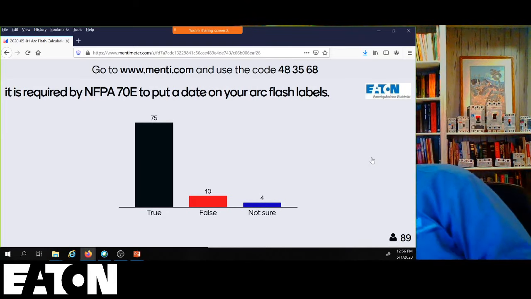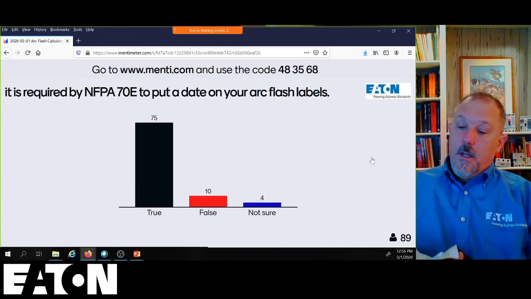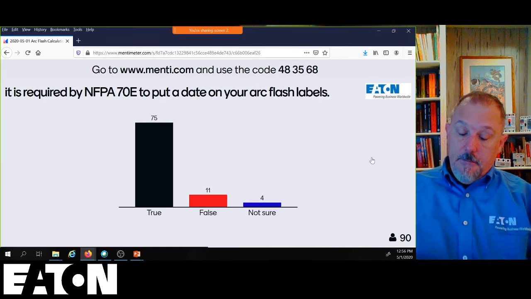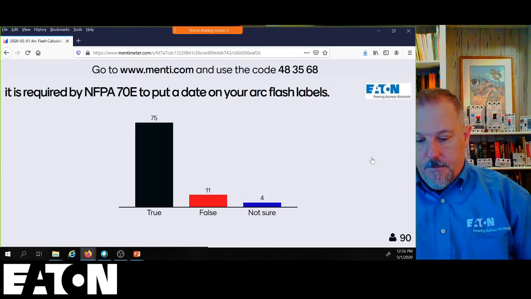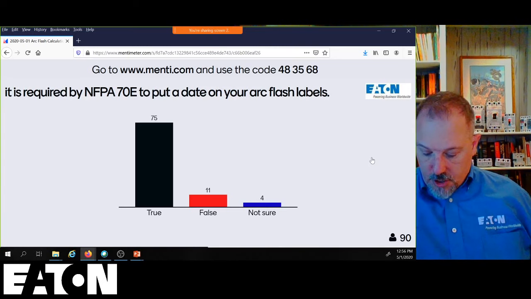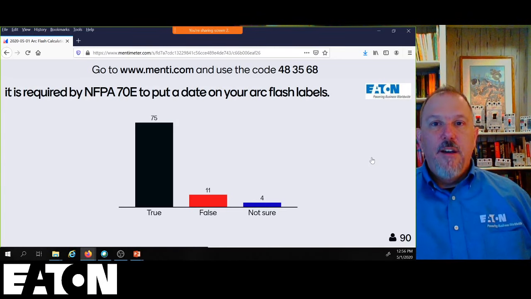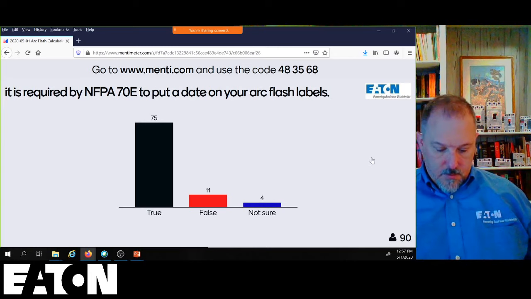Now, if I go to 110.16, and we're going to talk about it, 110.16(B) does require a date only if you're putting the bare minimum information of fault current, clearing time, voltage. I'm looking at 110.22. I need 110.16.